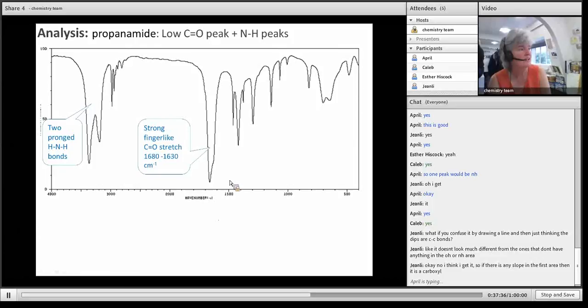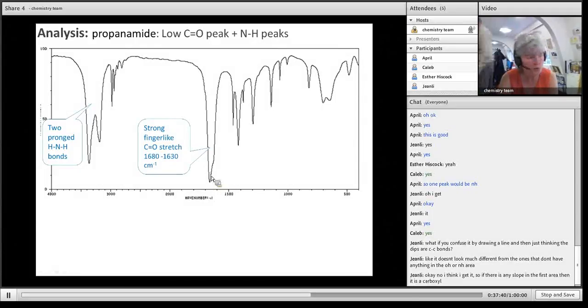Right, so here now I've got an amide. So have a look, seeing we were talking about it just now. There's 15, there's 16, there's 17. So can you see it's clearly below 17? So if you see this fat finger sticking down below 17, you know you've got an amide.